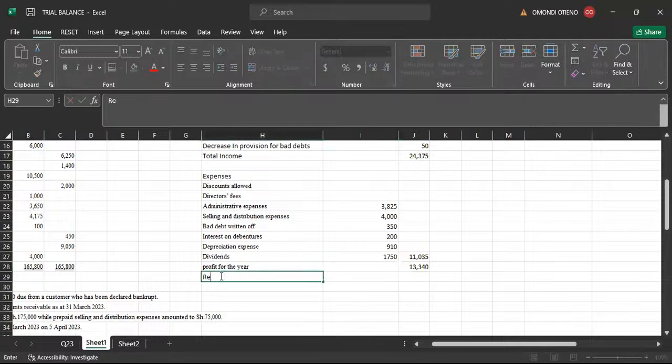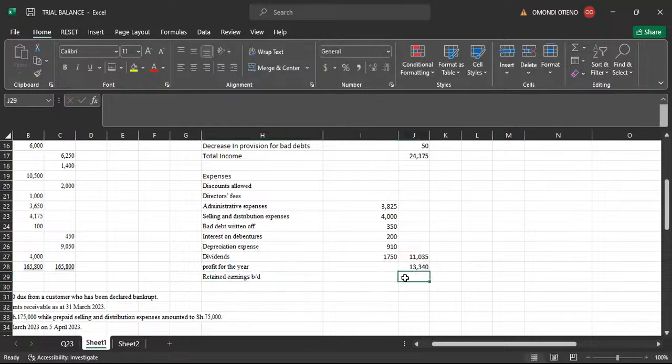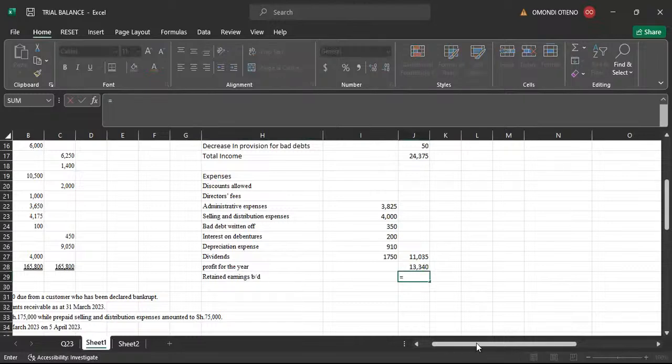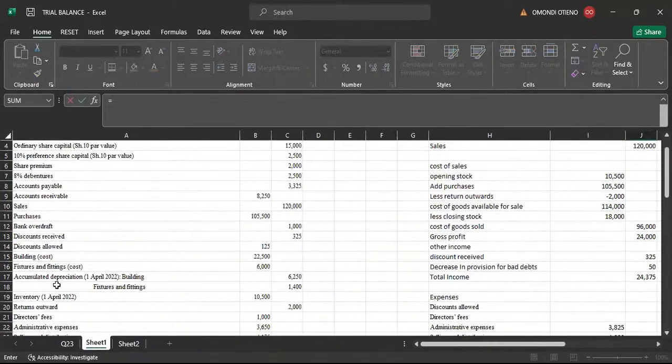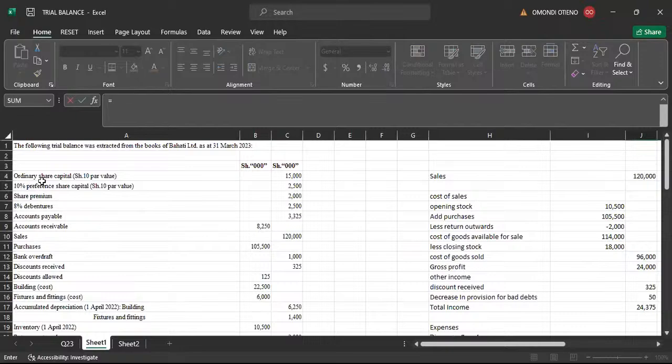Then we have retained earnings brought down. We added it, it was given to us somewhere here. Retained earnings brought down.